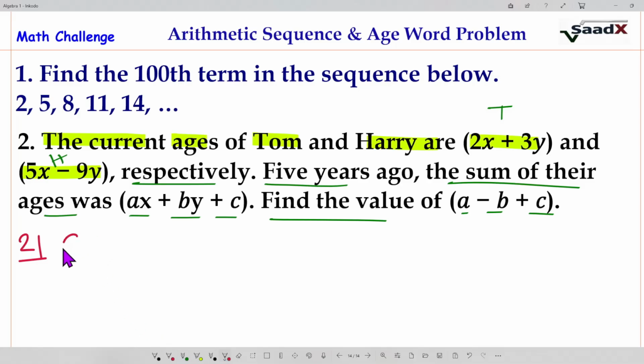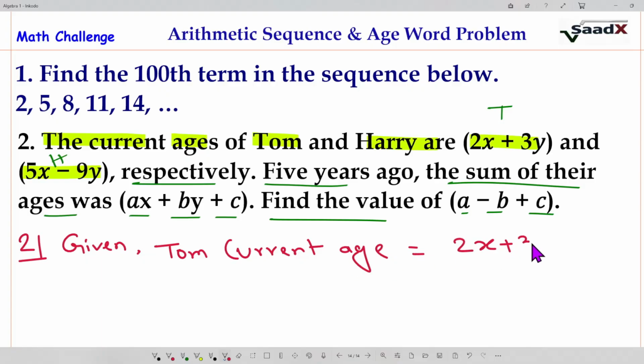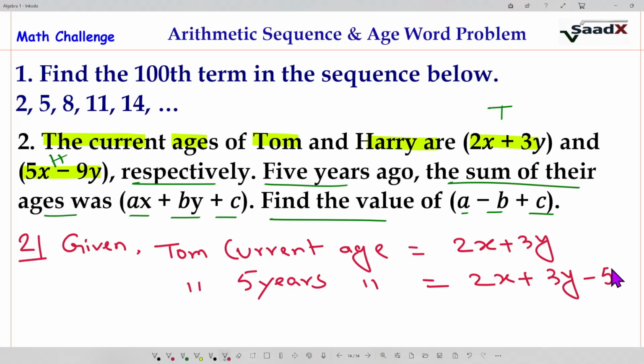So first, given Tom's current age equals 2x plus 3y. Tom 5 years ago, it means 2x plus 3y minus 5, right?